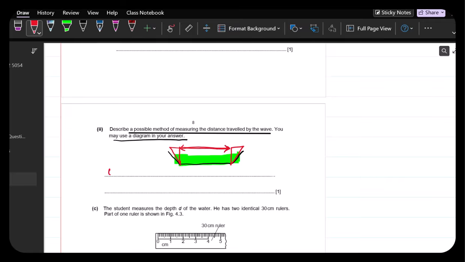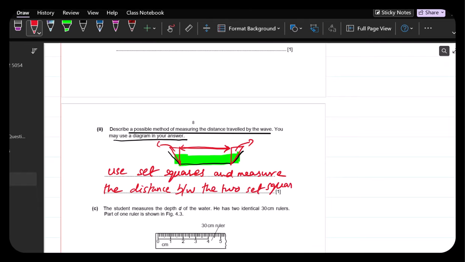So use set squares. You have these set squares in the geometrical box which you carry with you. So use set squares and measure the distance between the two set squares.